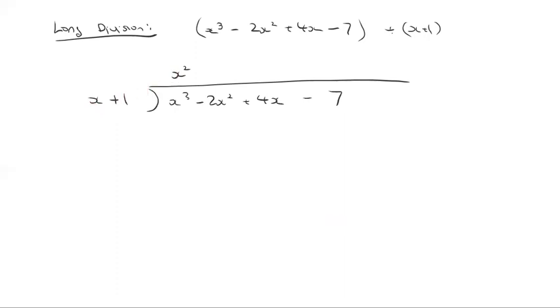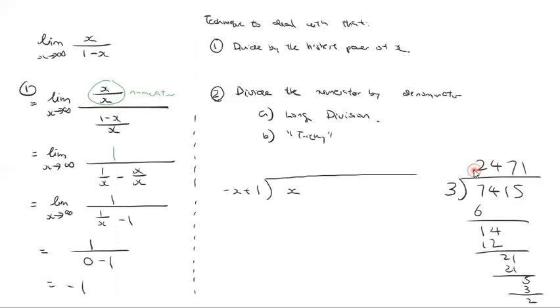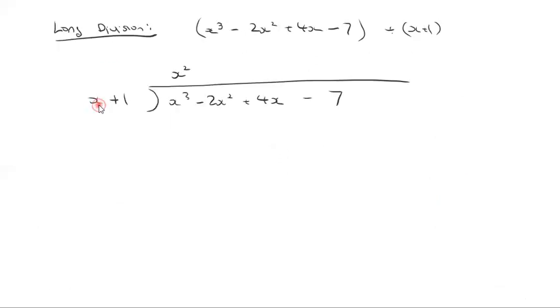So that is your first step, it's x squared. And then just like your long division here, once you work out it's 2, you go 3 times 2 is 6. And so we go x minus 1 times x squared will be x cubed minus x squared. And just like you did with long division, you then subtract. So you're going to get x cubed minus x cubed, which is 0, and that's what you need.